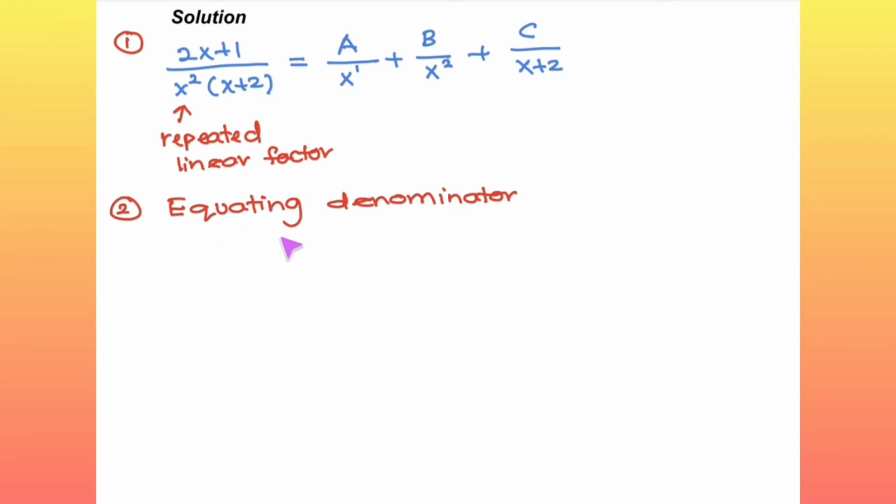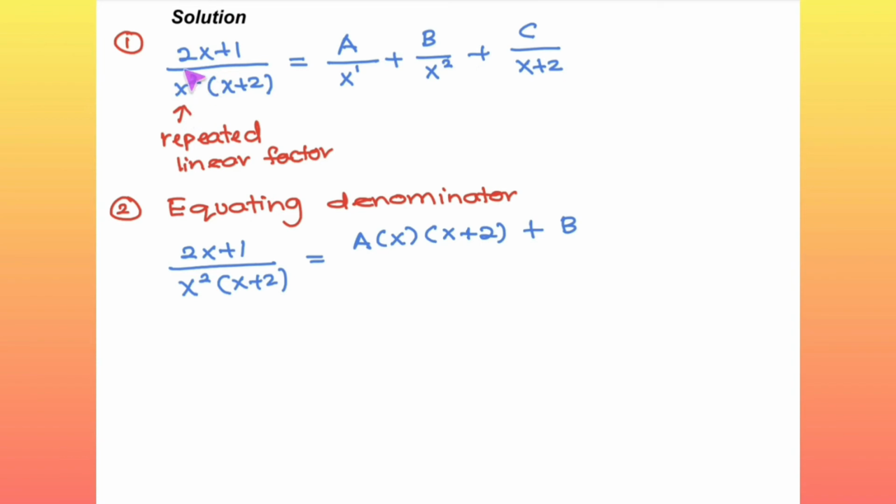We need to equate the denominator. So 2x plus 1 over x squared times x plus 2 is equal to a. A now we only have x power 1. But here we should have x power 2. Means a we need to multiply with the other x. And also we need to multiply with x plus 2. Okay. Plus b. Okay, b we already have here x squared.